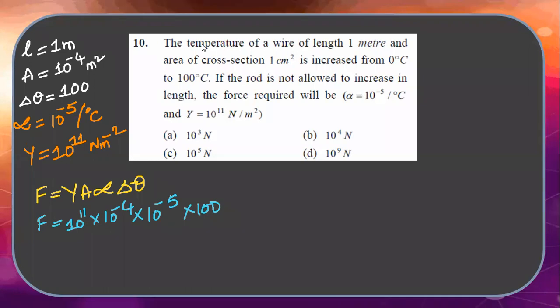So F is equal to 10 power 11 into 10 power minus 4 into 10 power minus 5 into 10 power 2, which is 10 power 13 minus 9.